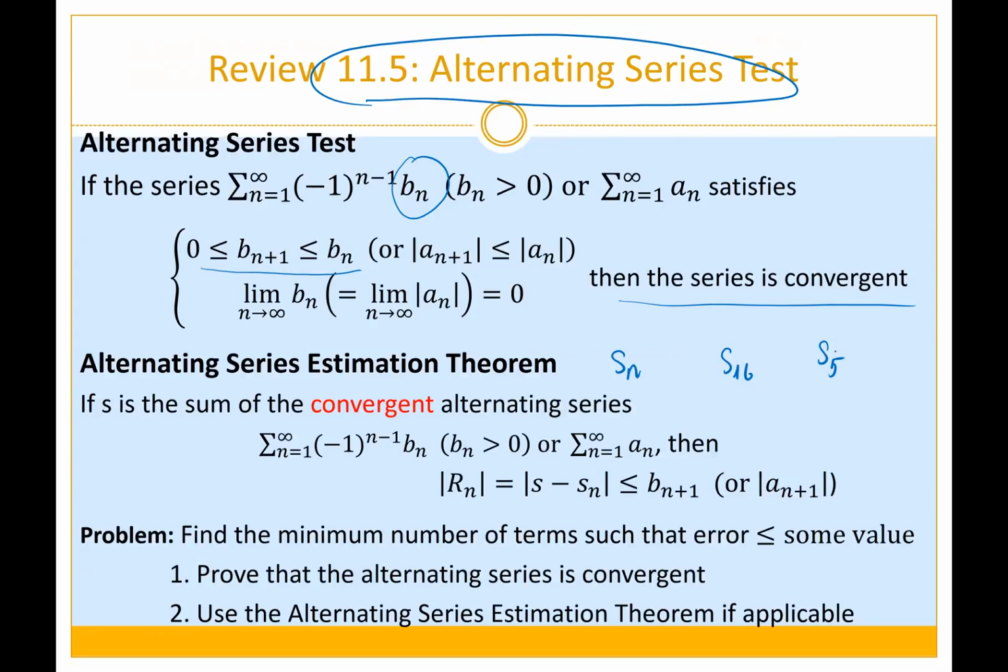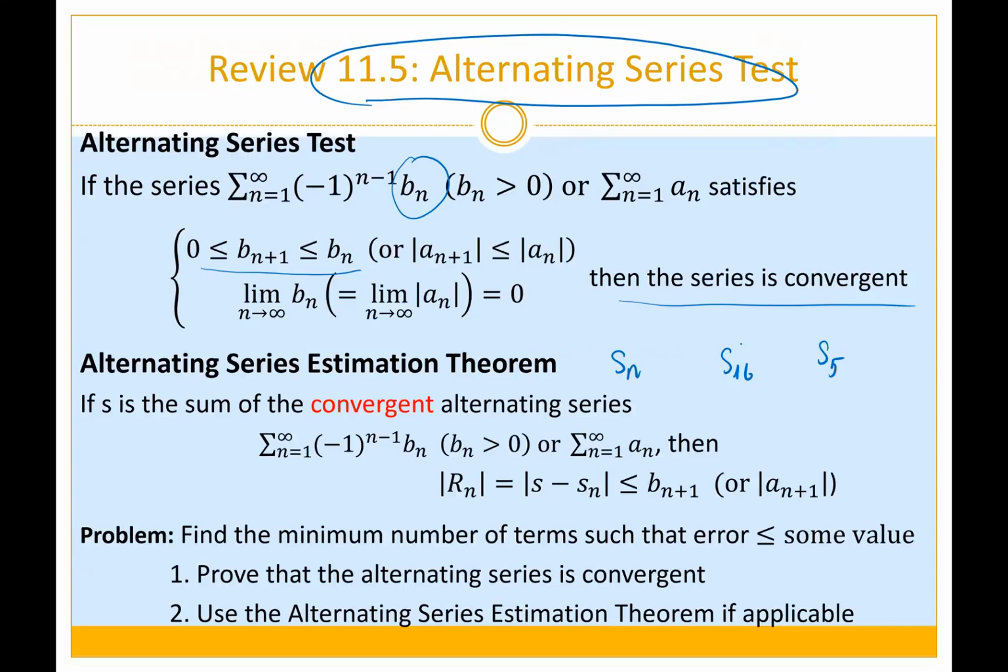We quantify the error from the nth partial sum. The error is not an exact difference, but it gives us a general idea of how far it is from the actual sum.